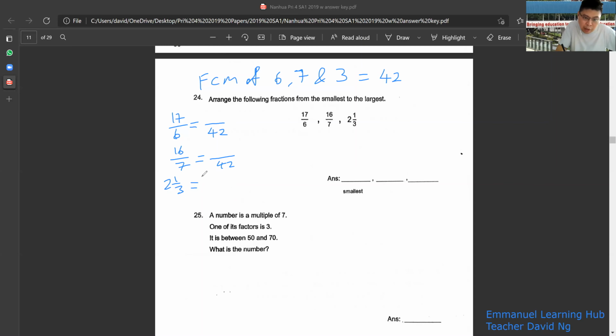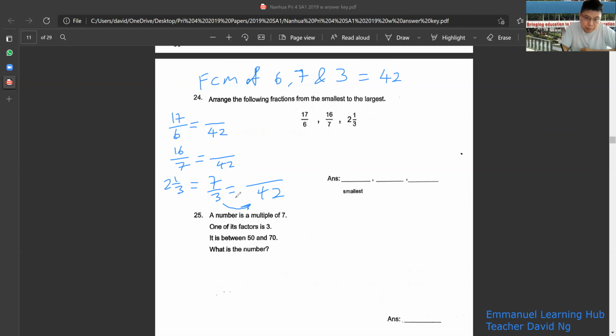Okay, this one is a mixed number, right? You change to improper fraction first. What's the improper fraction? 7/3. Okay. Then equal to how many over 42? 14/42.